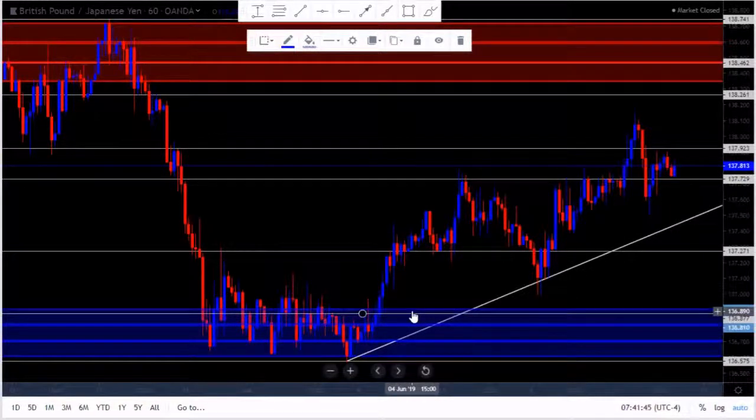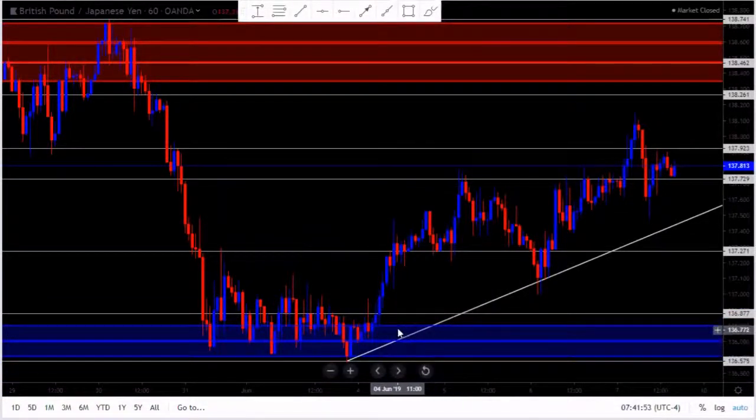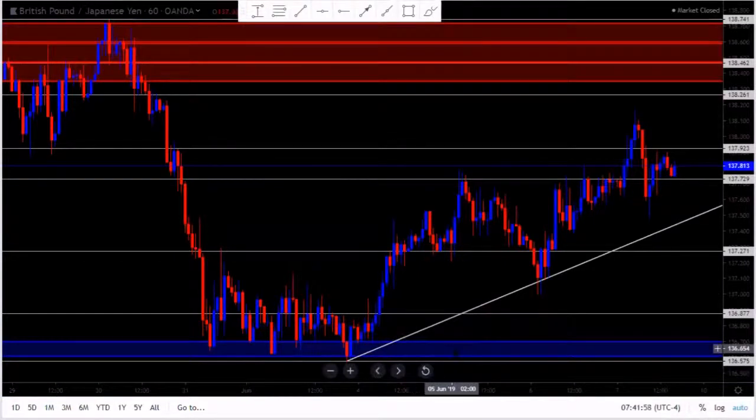Okay, so I'm going to remove this right now. Let's get some of this out of here. Okay, so that's how you enter based off of a measured move and breaking out from the zone.